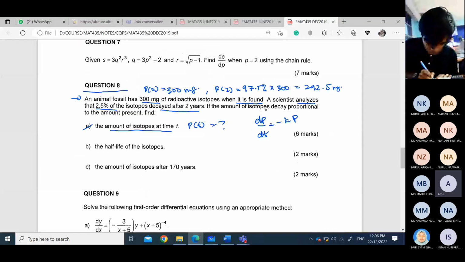So this one ada decay kan? So decay means that the K is negative ataupun decrease. Maksudnya dia punya bilangan population menurun ataupun weight dia menurun. Itu decrease lah. So that one we use negative KP. Kalau increase, growth, so the model is positive K. Macam tu.